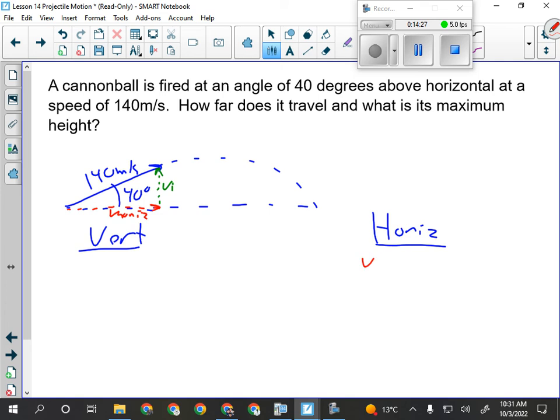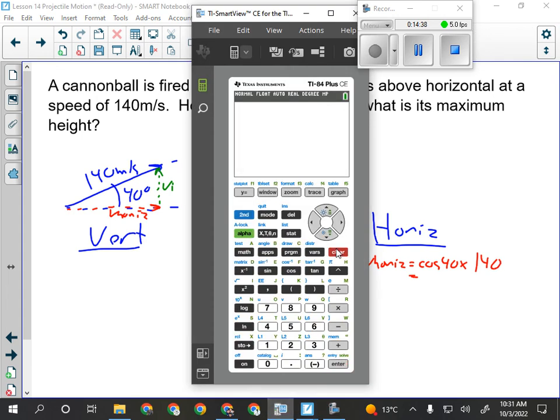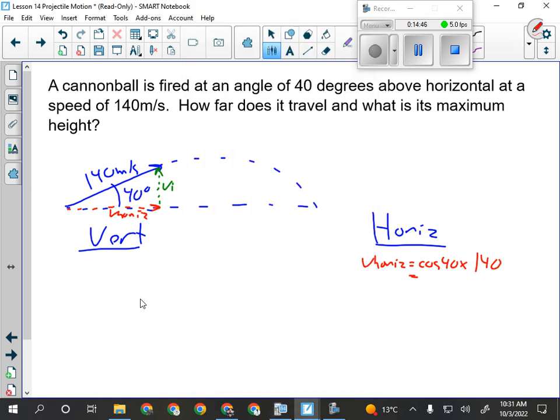So V horizontal for this question will be the cos of 40 times 140, so 107.25 meters per second.